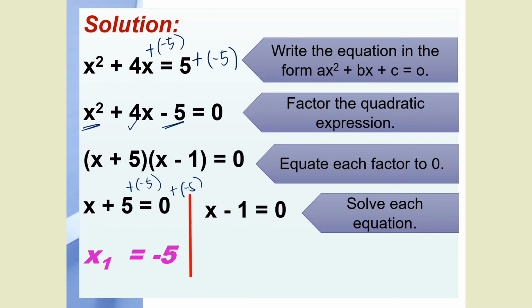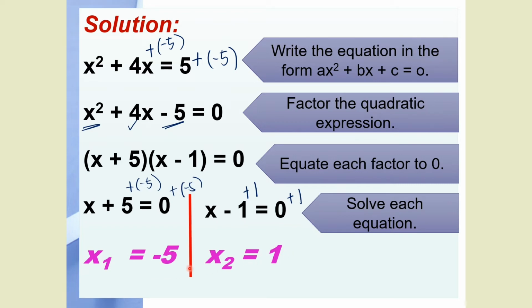Ang ka-opposite ng negative 1 ay positive 1. So, plus positive 1 plus positive 1 on both sides of the equation. Therefore, we will get x sub 2. So, pwede nating i-label yung pangalawang x as x sub 2 equals, kasi cancel na nga itong negative 1 plus 1 on the left, equals 0 plus 1 is 1.